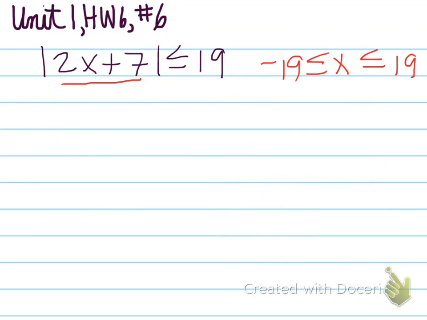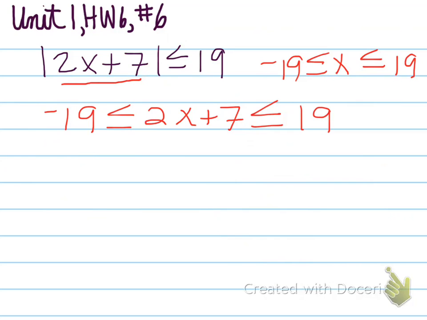So we will rewrite our inequality without our absolute value bars. So we have 2x plus 7 less than or equal to 19, or it is greater than or equal to negative 19. And with the notes that I put on that second screen, you need to be able to recognize which part you're looking at, so you'll know how to rewrite the inequality without the absolute value bars.